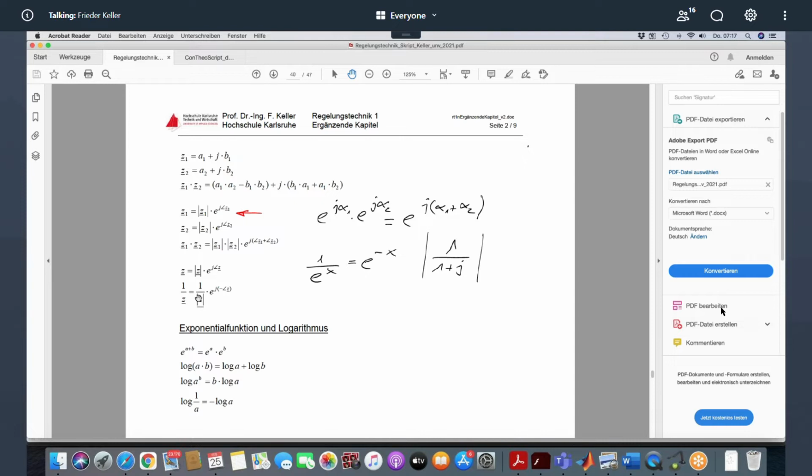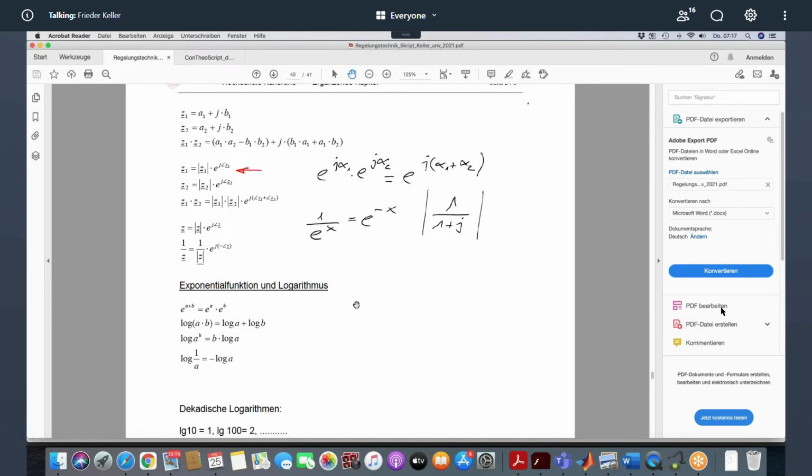So if the absolute value of z is 2, 1 over z has the absolute value 1/2. What is happening with the angle? The angle just changes its sign, from plus to minus. That comes from the fact that 1 divided by e to the power x is nothing else than e to the power minus x. Good.